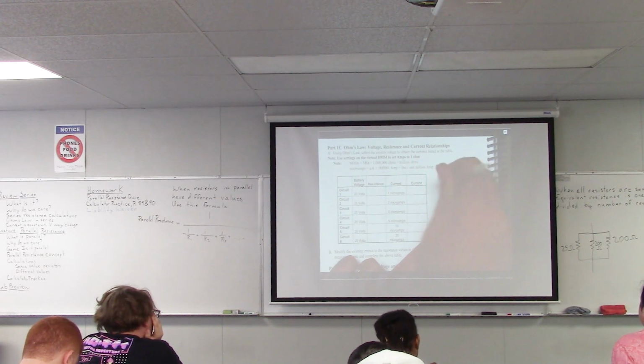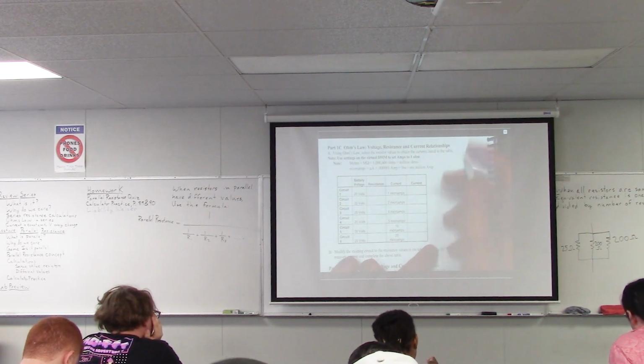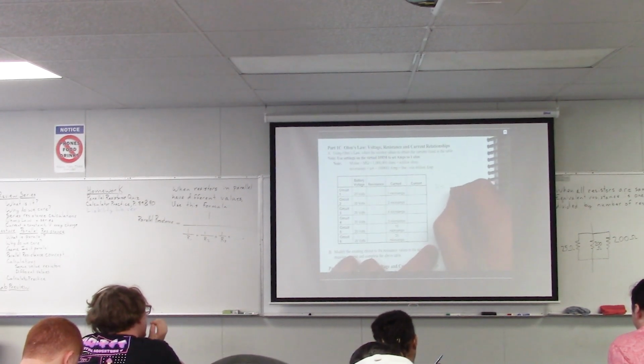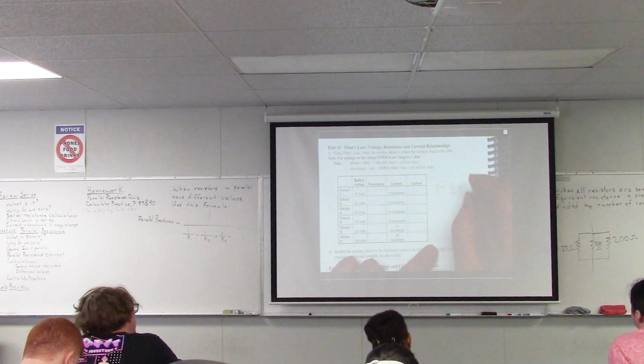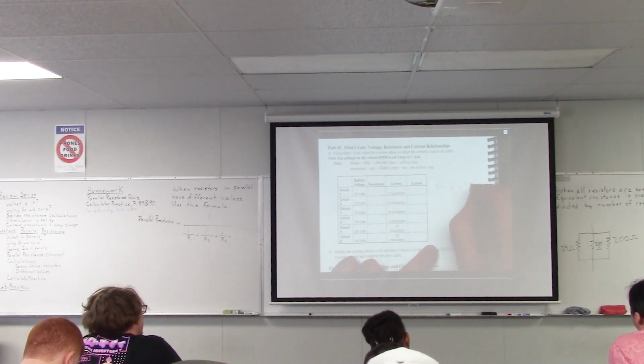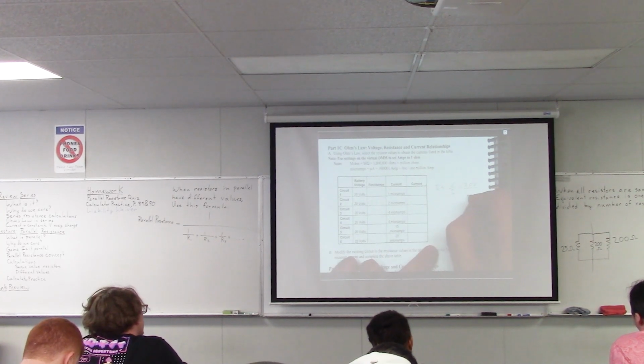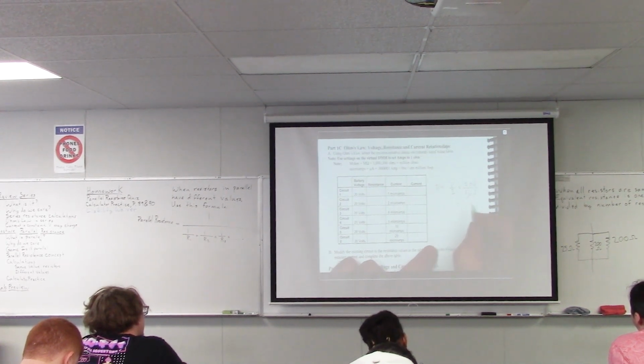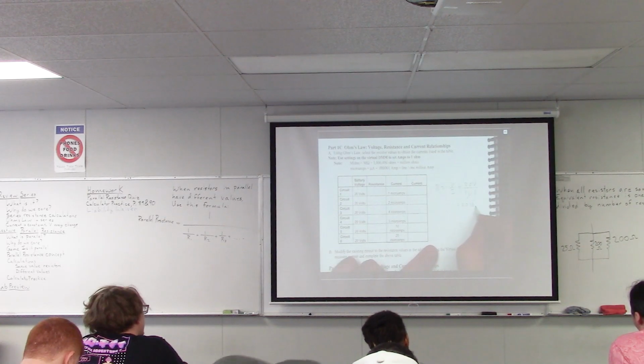So we would say R equals V over I. So that would be 20 volts over 1 microamp. So that comes out to be 20 mega ohms.